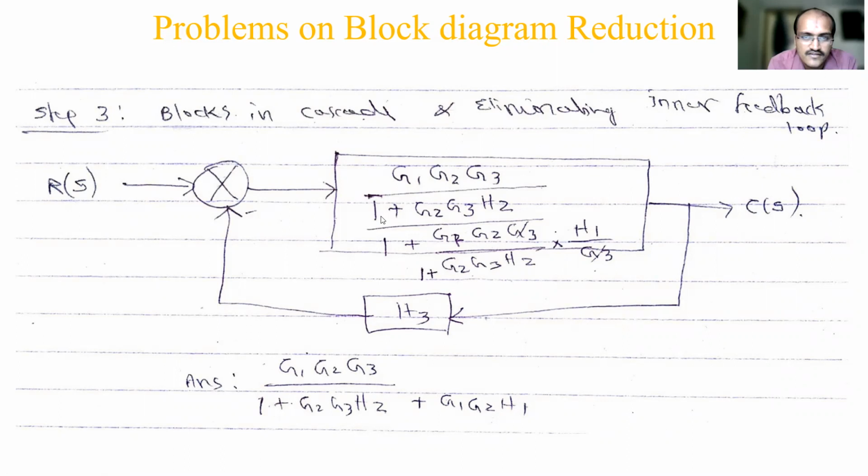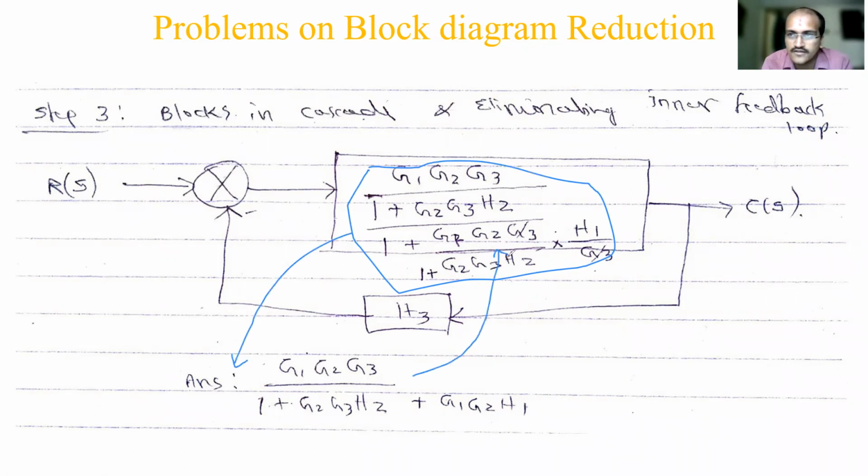No, the mistake is... no mistake. Here it is not the simplified block. So this step I would have shown down, and then the simplified answer I should have kept over here, so then it will be easy to look at. Normally the simplified answer will be kept, and whatever simplification part is there, we'll write it below. So that I have done in reverse. No issues with that. Both are okay.